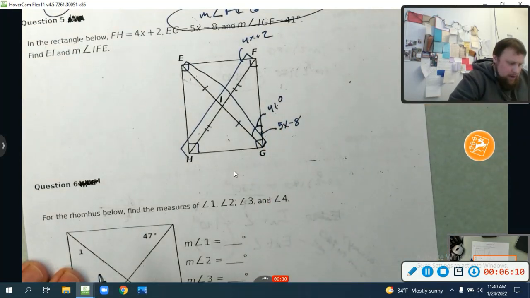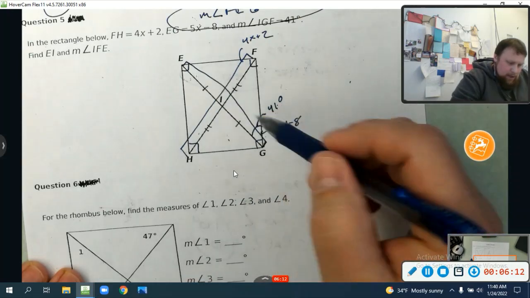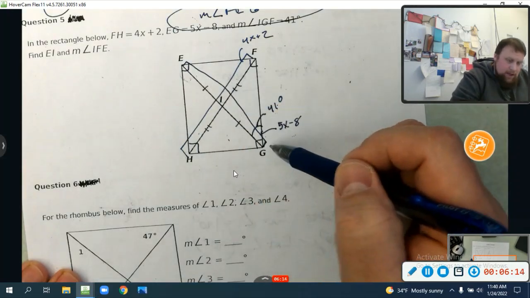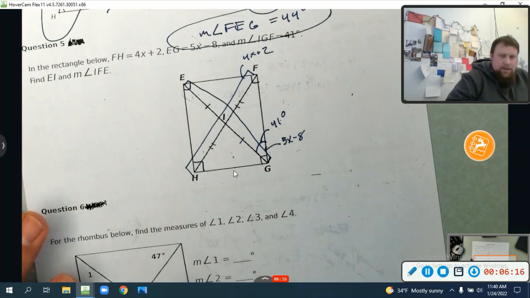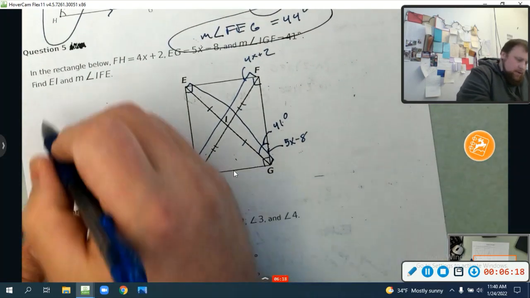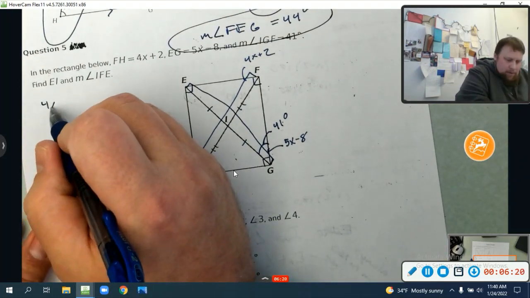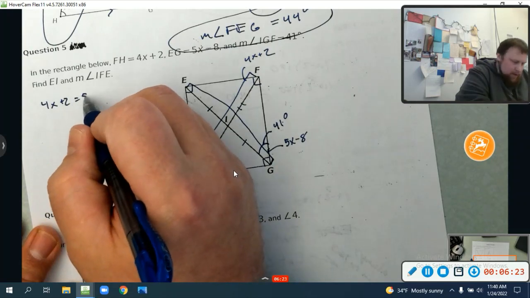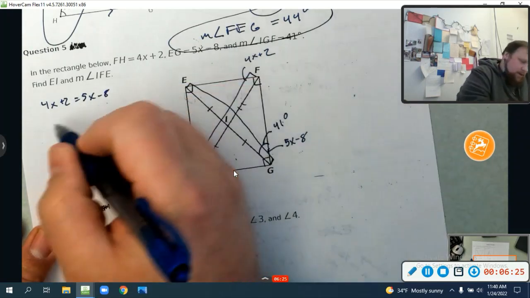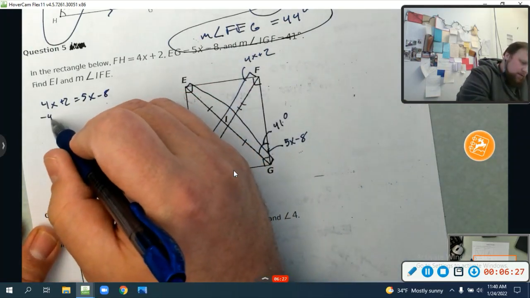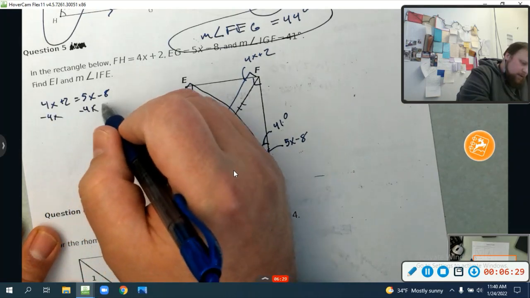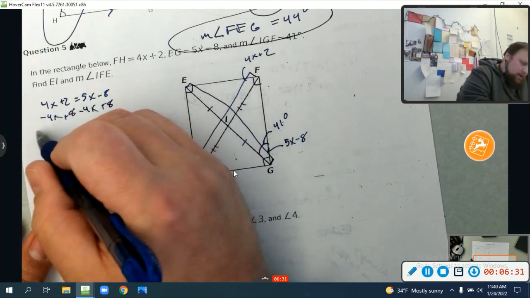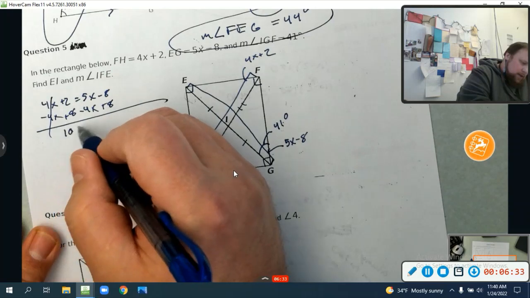Find EI and IFE. Well, EI, okay, to find that I need to find the length of this. So I'm going to set these two equal to each other because the diagonals are also equal. So I'm going to say, all right, 4x plus 2 equals 5x minus 8. Subtract 4x over, add 8 over, and I get that 10 equals x.